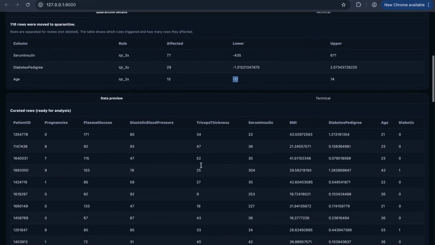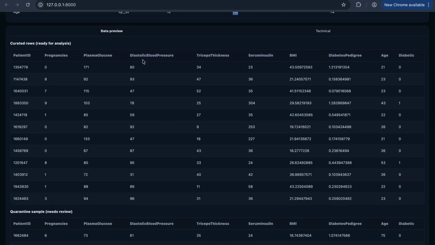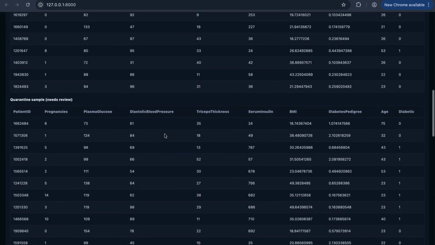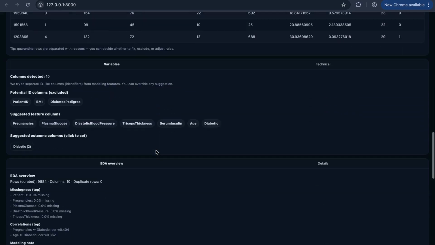We can see some of our data set rows that are in quarantine. Also, we can see potential ID columns based on how many different values we have, and some feature columns suggested by the AI.